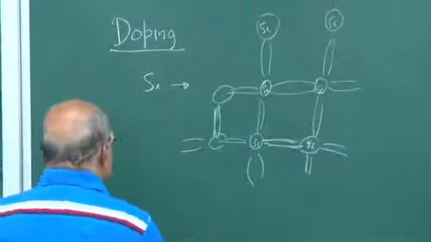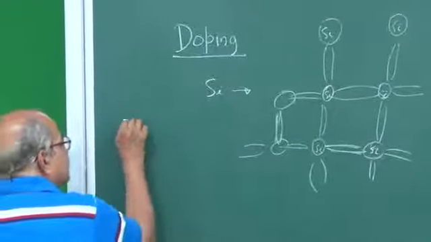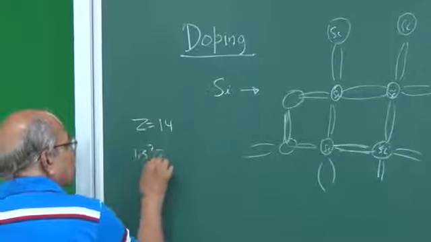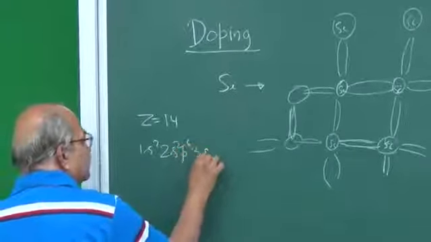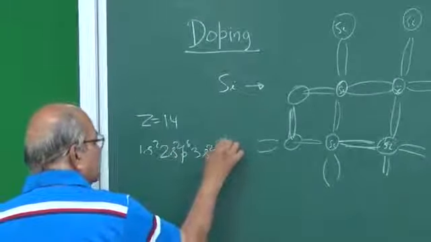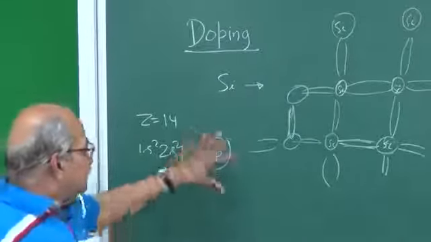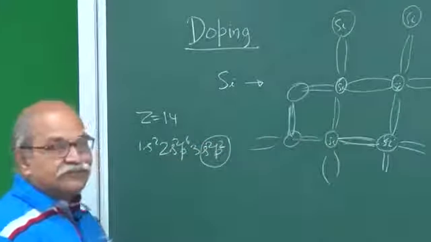So the electronic configuration, Z is equal to 14, is 1s2, 2s2p6 and then 3s2p2. So these 4 electrons go in this sp3 bonding in this structure.